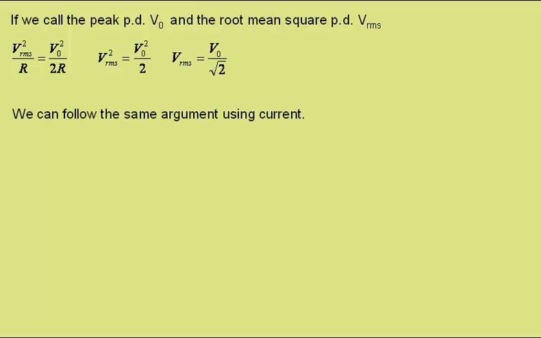We can now follow the same argument using current. So I RMS squared times R, the power using the RMS value of current, will be equal to half the power using the peak value of current. Again, cancelling the R's, we get that I RMS squared is equal to I peak squared over 2, or the RMS current is equal to the peak current over root 2.